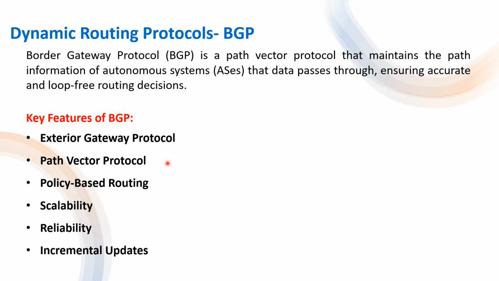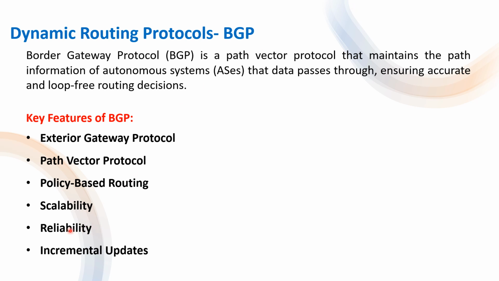BGP allows for extensive control over routing policies, enabling network administrators to configure how traffic should enter and exit their autonomous systems. BGP is designed to scale well for large networks like the Internet. It can handle thousands of routes, making it suitable for large-scale global networks.